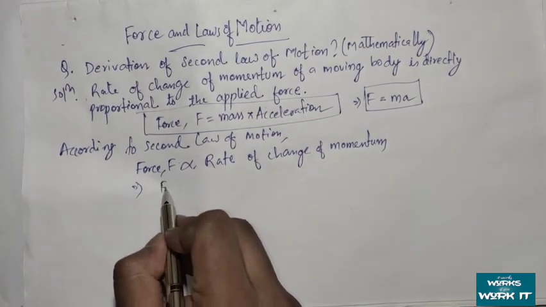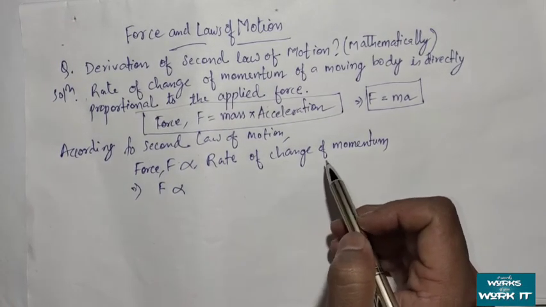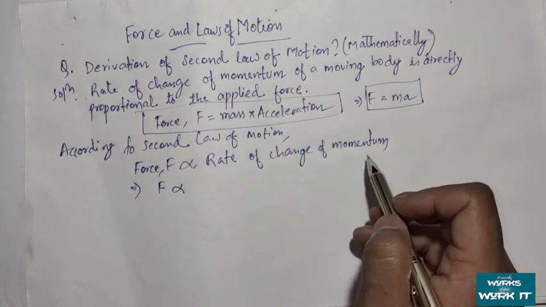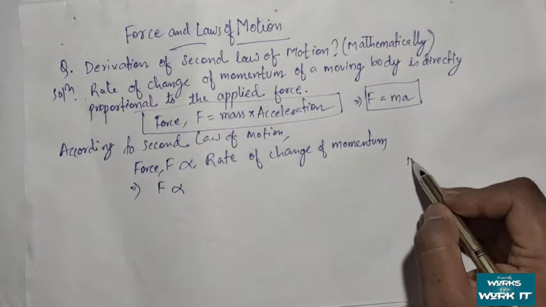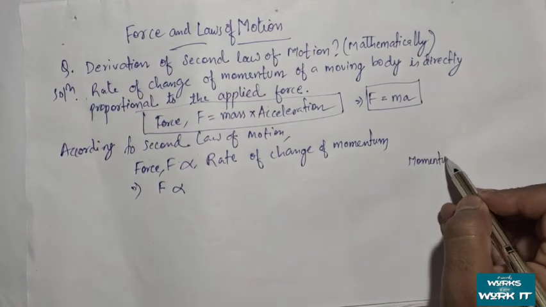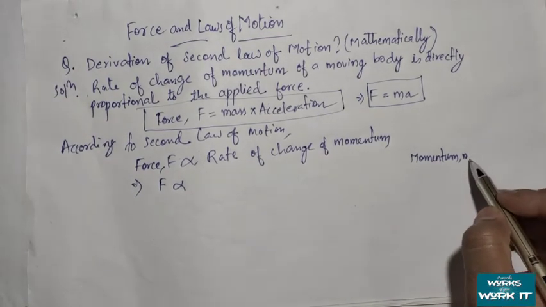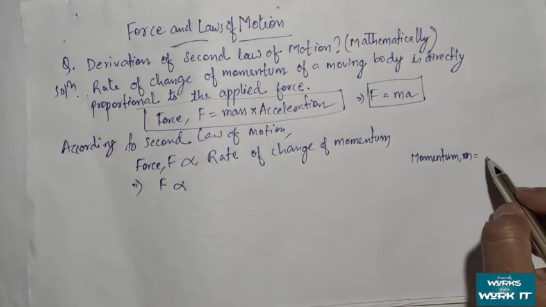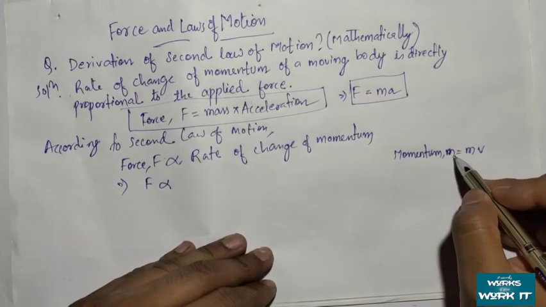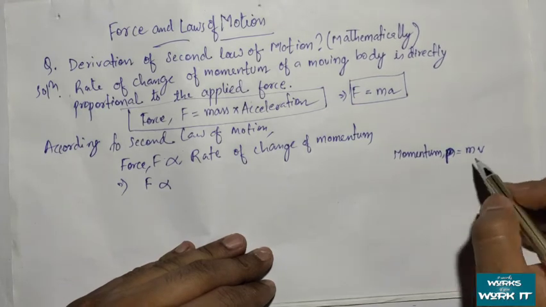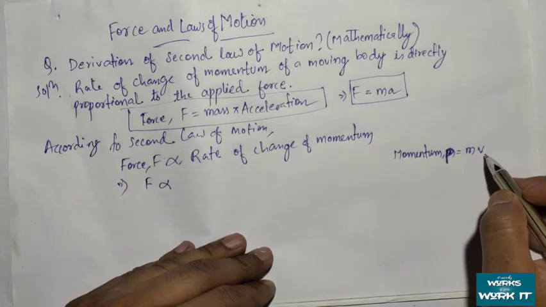Okay, so our next step will be F will be equal to, if I write the formula for rate of change of momentum of a moving body, that is the momentum formula. Momentum is symbolized as p, so p equal to m into v, m for mass and v for final velocity.